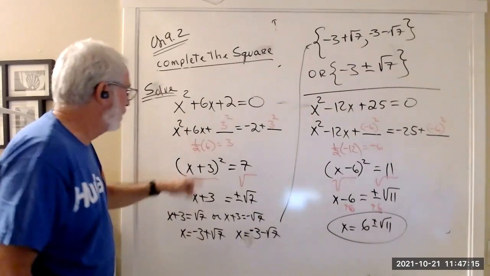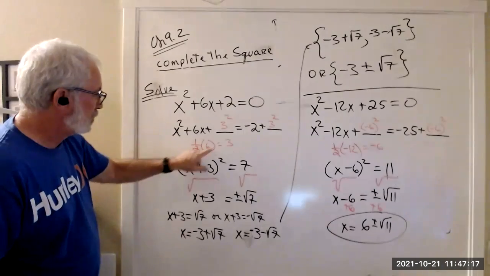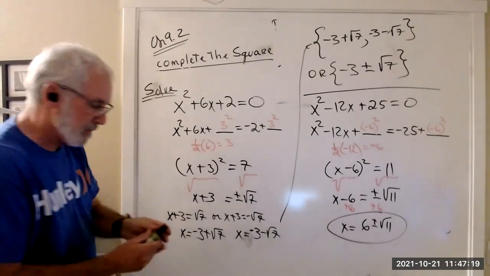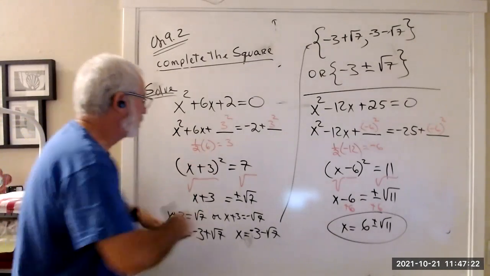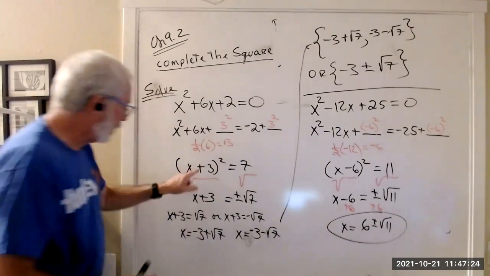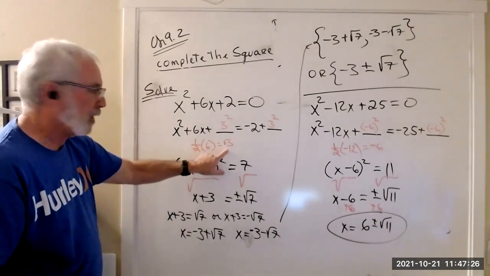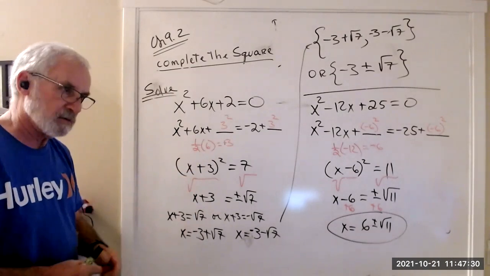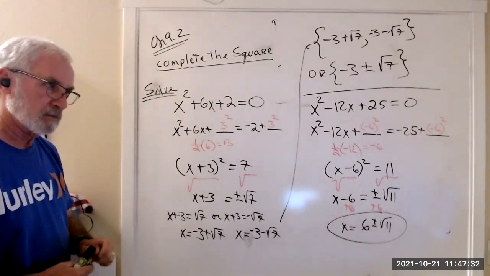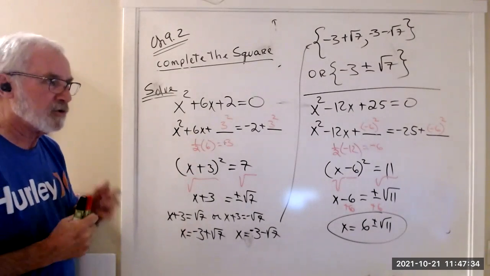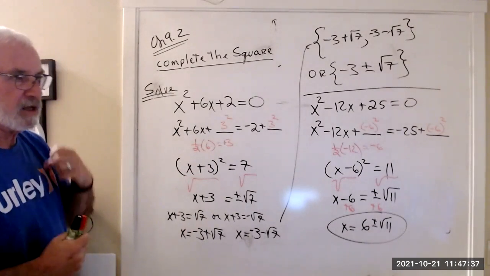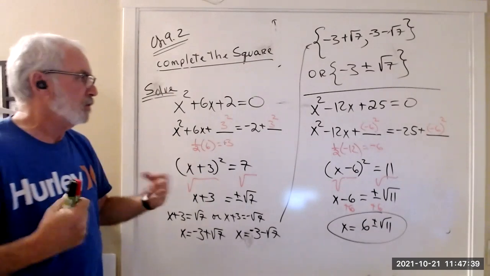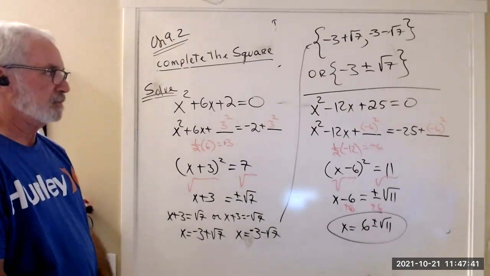Over here, when I had half times 6 was +3, maybe I should have put a positive here. That's why I wrote +3, because that +3 and that x plus 3 are the same thing. The problem's trying to give you hints. It's trying to help you work through this process.